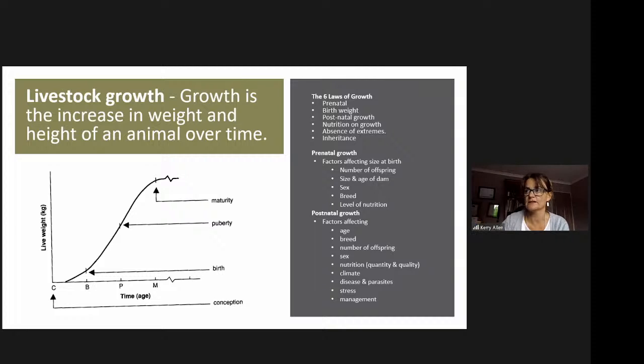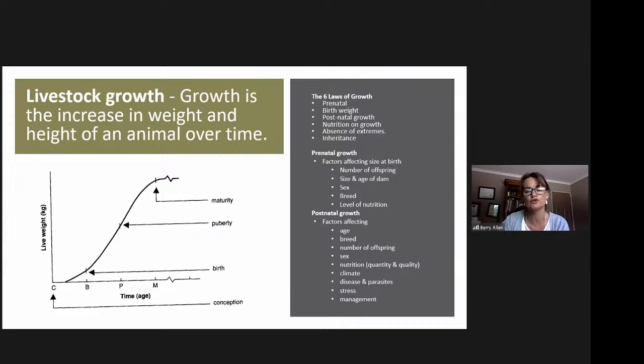For example, factors that affect the size at birth are how many are inside. So if you've got a single, it is going to be bigger than a twin or a triplet or a quad. The size of the mother, so if she is small and has a large baby, there potentially is going to be problems. The age of the mother, so if she's an 18-year-old cow, she's more likely to have issues than a 4-year-old cow. Sometimes the sex of the offspring, so the baby, can be bigger.